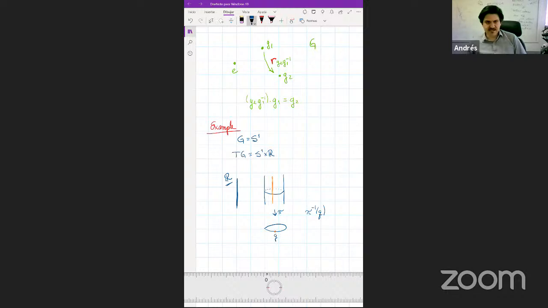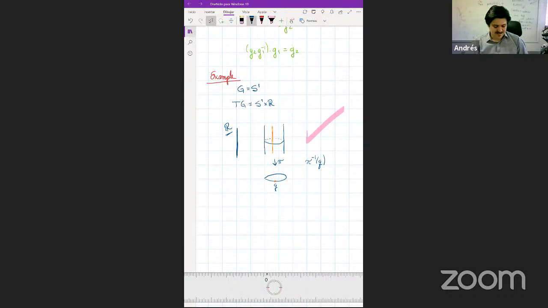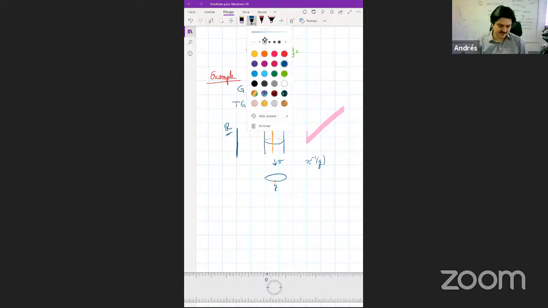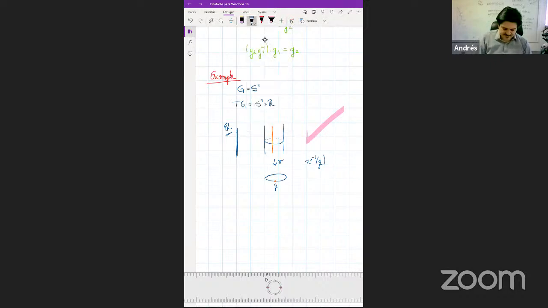In this case, because the circle has dimension 1, the vector space is R. So this is the picture of the tangent space. It is better to work there than in R2.